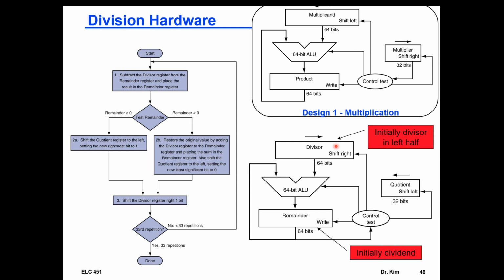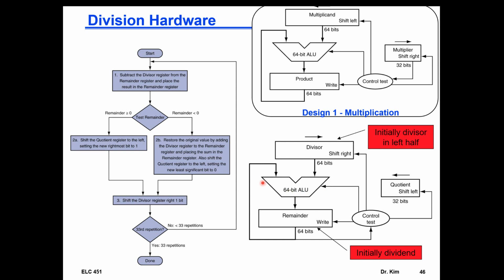Just like we looked at before for the multiplication, this would be the algorithm and this would be the hardware. So notice that the hardware is essentially the same as the hardware for multiplication, pretty much the same, with some changes. The point is that you can adapt this hardware to do both division and multiplication.